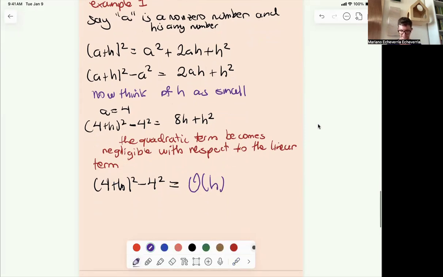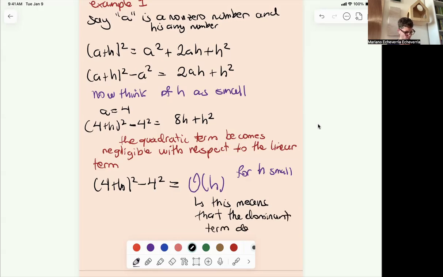Okay, so this is what it means here, for h small. Is that making sense?